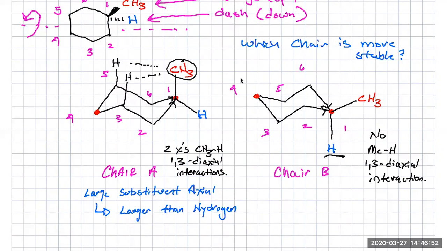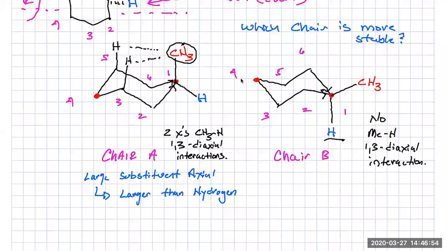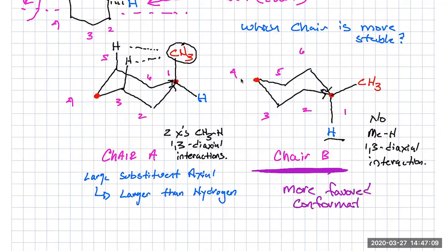And so I can say that chair B is more favored conformation for this compound, or in other words, more stable. And so you're going to learn about A values a little bit.